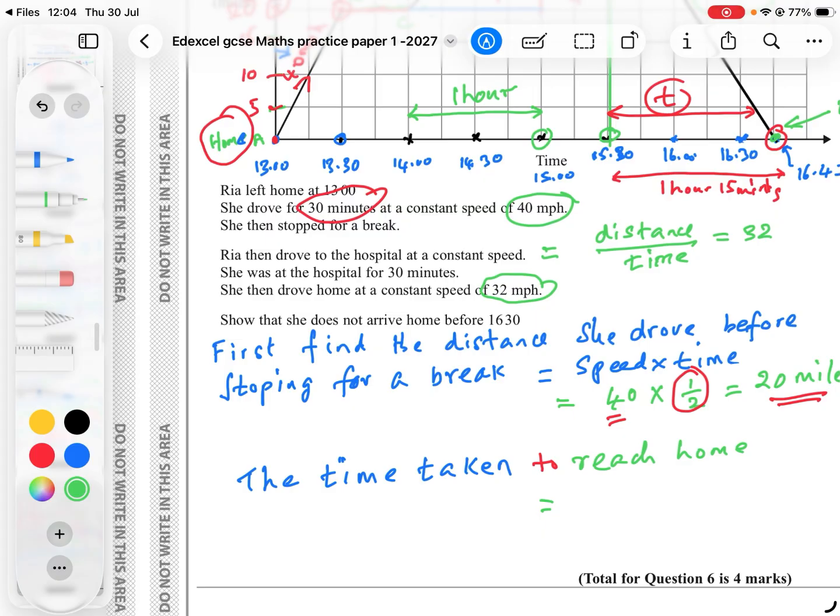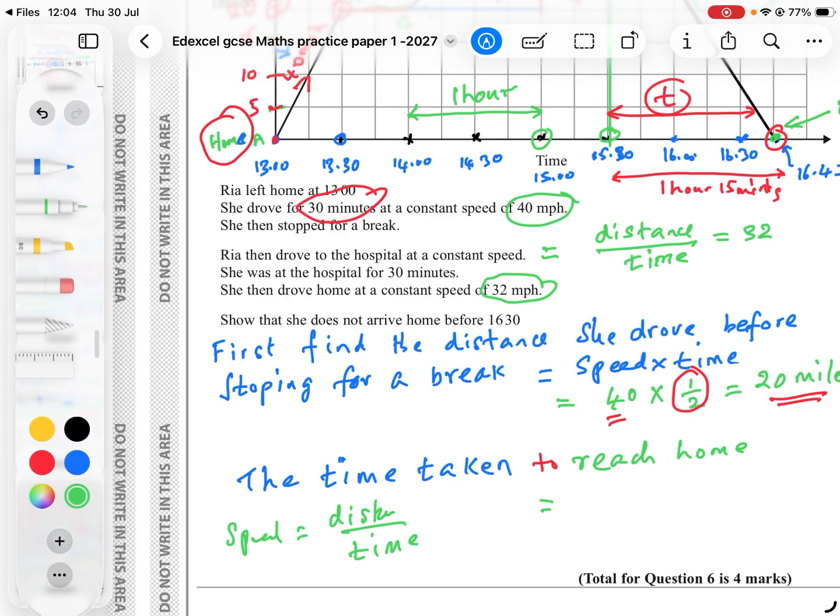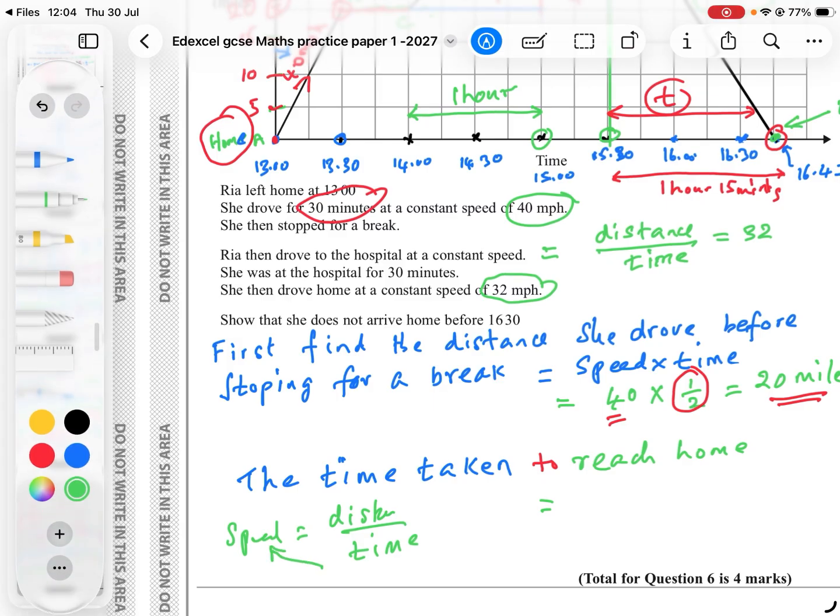We know that speed equals distance divided by time, but we need time, so you need to interchange. You can put time here and speed here. So that means time equals distance divided by speed.